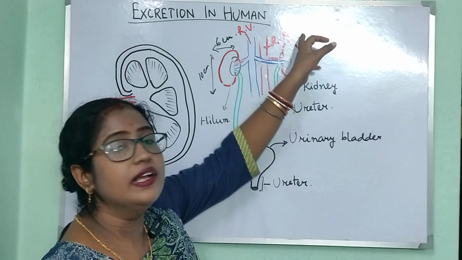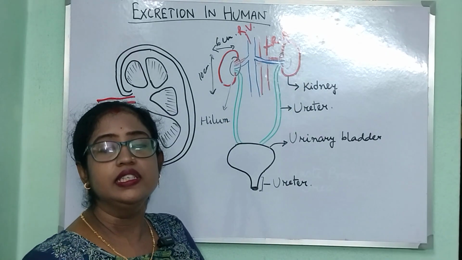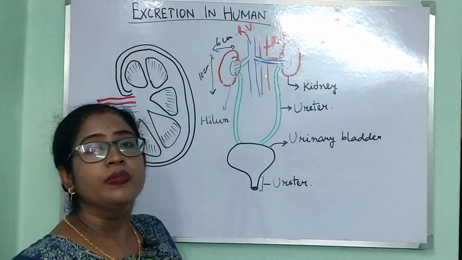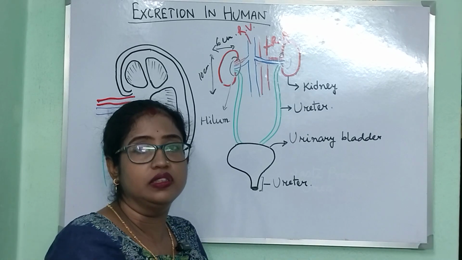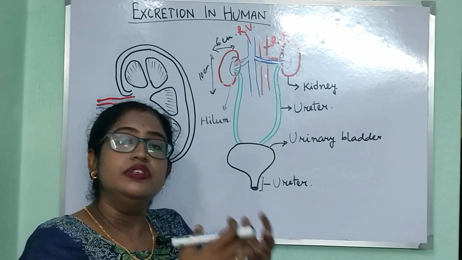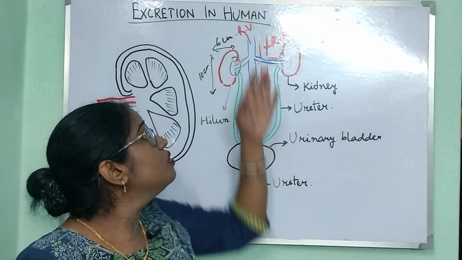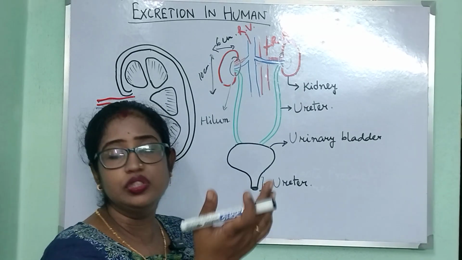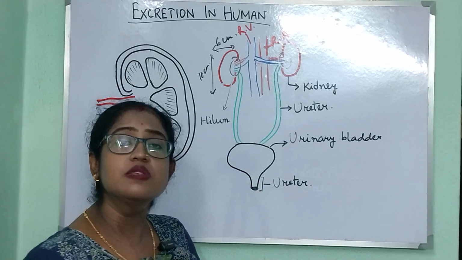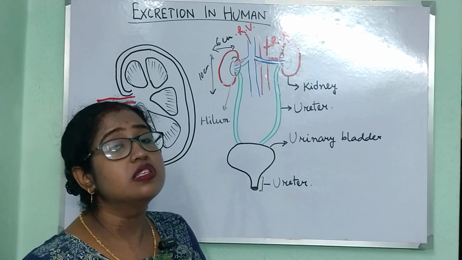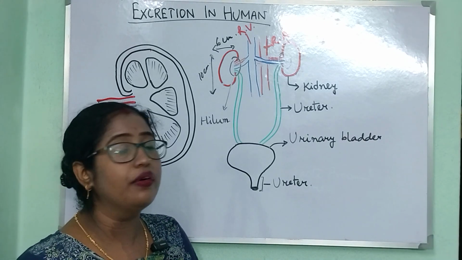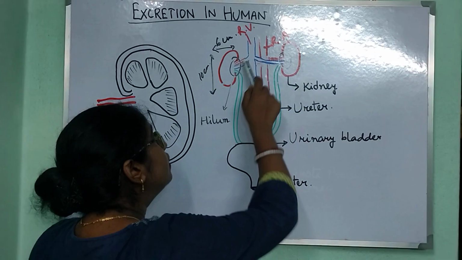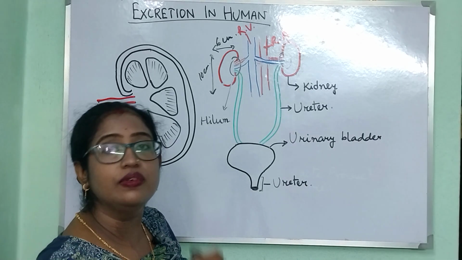So the renal artery brings oxygenated blood into both the kidneys, and this blood contains all the waste products from our body. Then the vein that originates from both the kidneys is known as the renal vein.